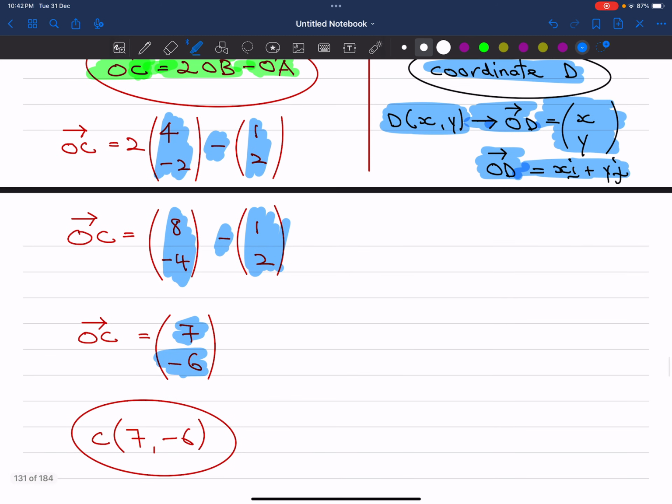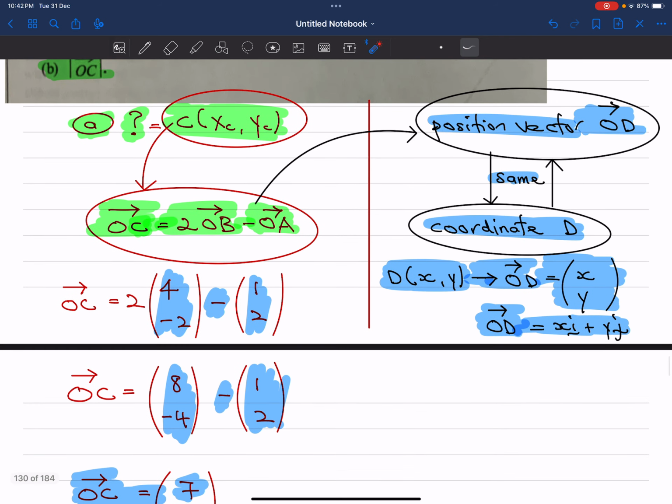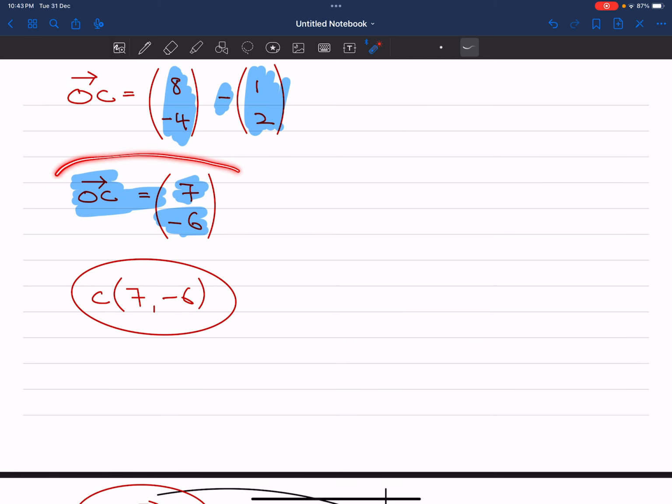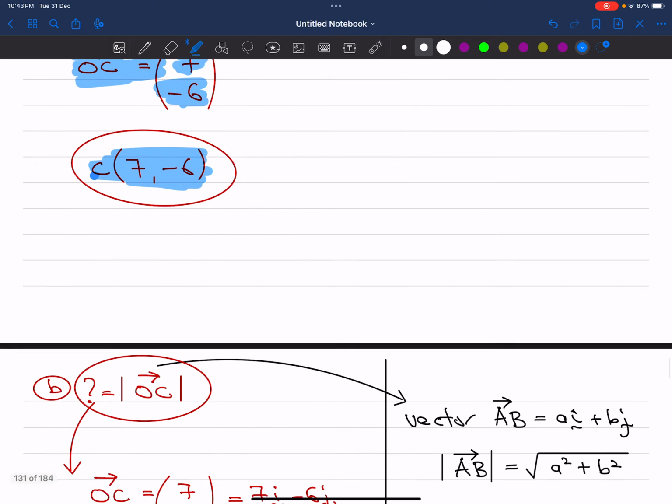Now what we got here is the position vector OC. So the position vector OC is (7, -6). As I said earlier, from the position vector OD, I get coordinate D. Therefore, from the position vector OC, I get the coordinate C, which is (7, -6).